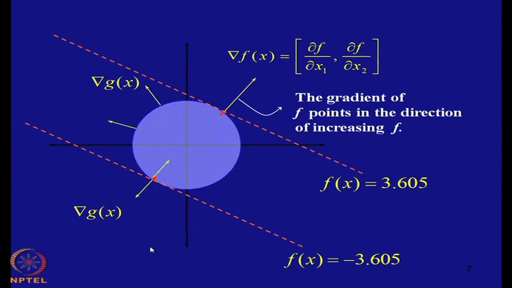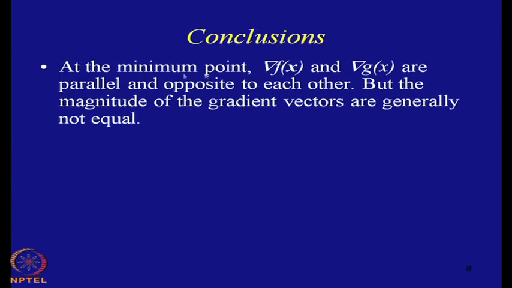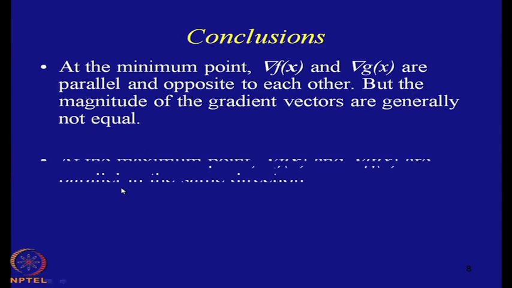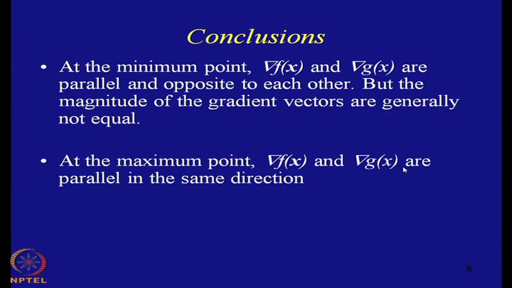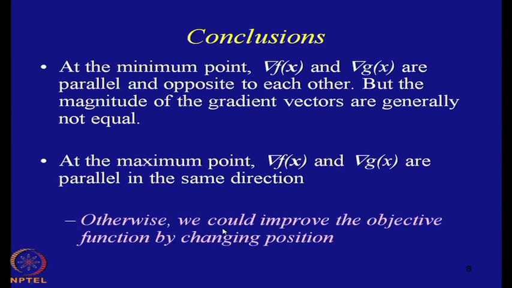From here we can conclude that at the minimum point, grad f(x), where grad is the del operator, and grad g(x) are parallel and opposite to each other, but the magnitudes of the gradient vectors are generally not equal. At the maximum point, the gradient of the objective function and the gradient of the constraint are parallel in the same direction. Again, the magnitudes are not equal; one is a multiple of the other.